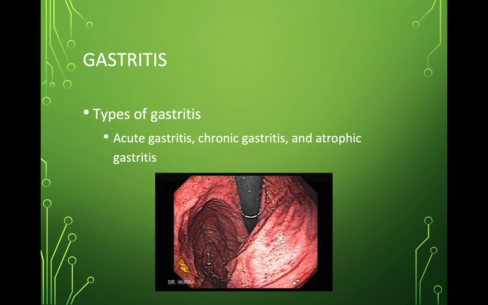Because the stomach is a place where a lot of absorption occurs, it is a very vascular organ. So when we start to wear away or irritate the protective mucosal lining of the stomach, that very vascular surface can become exposed.